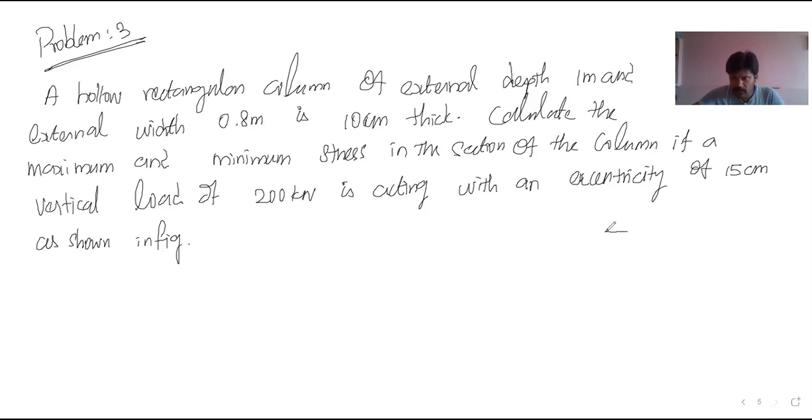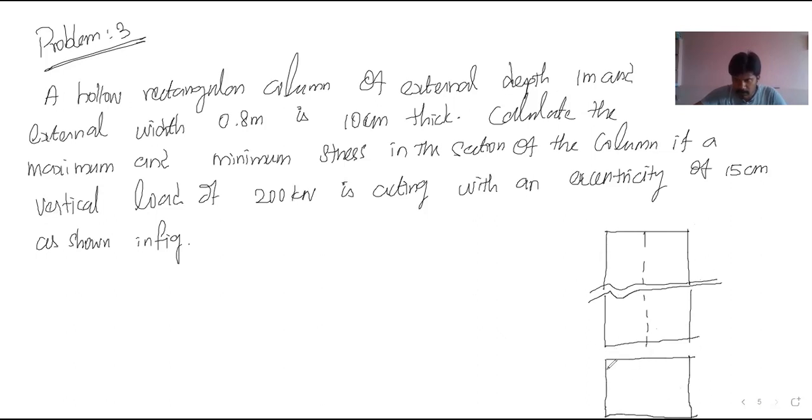So here the column section is available. So this is the axis, and they have mentioned that this is the depth. Capital D is equal to 1000 mm. That is 1 meter equal to 1000 mm.